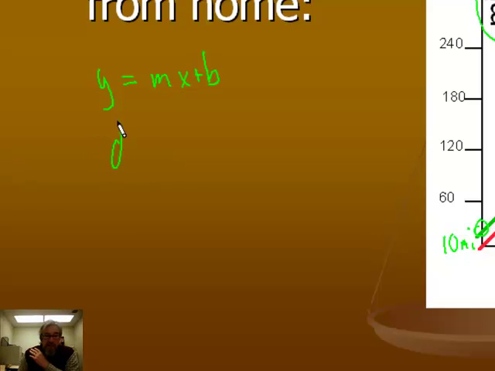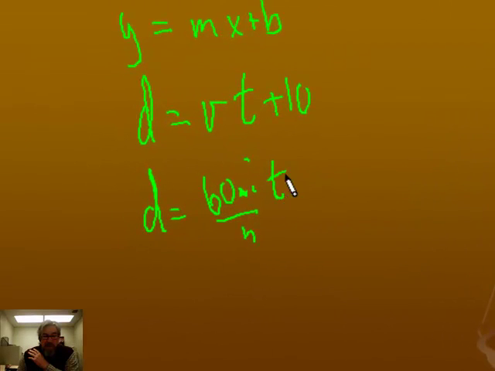Y really here is graphing distance. M is really speed or velocity. Time is x, and then b is 10. Or with units, the distance that you cover is 60 miles per hour times the time plus 10 miles.